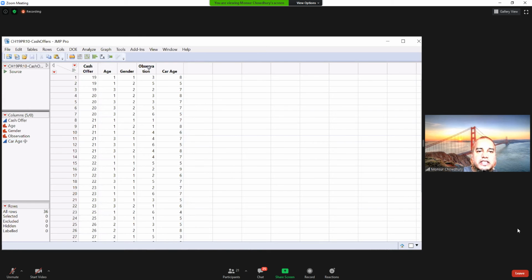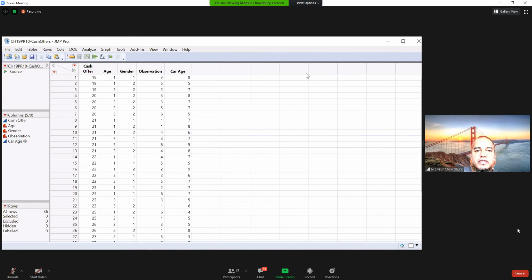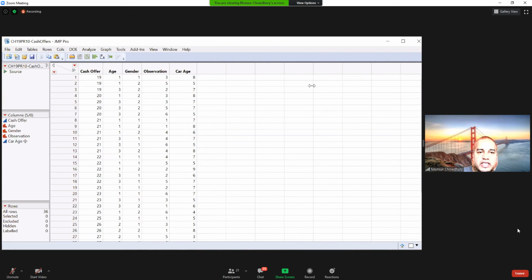This is our data, and we have the variables here. The cash offer is our response variable, based on the two predictors: one is age, another one is gender. Now I would like to fit a model and observe the relationship between these. We are also doing the interaction effects, okay?